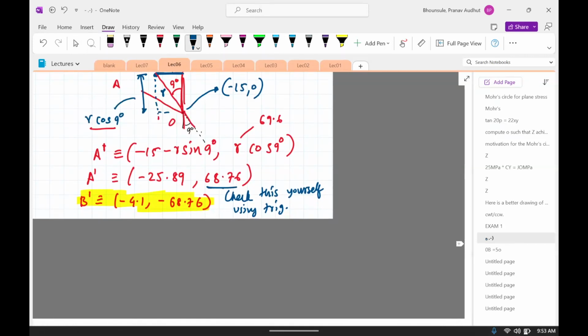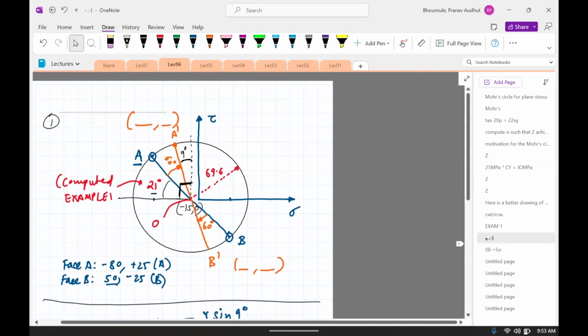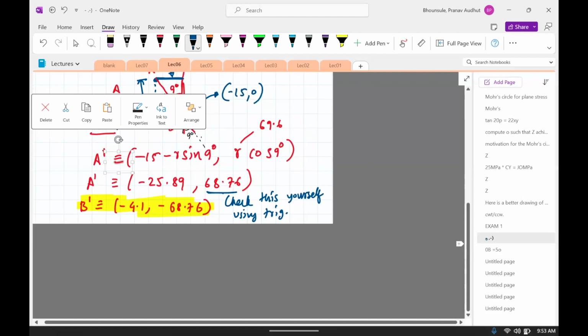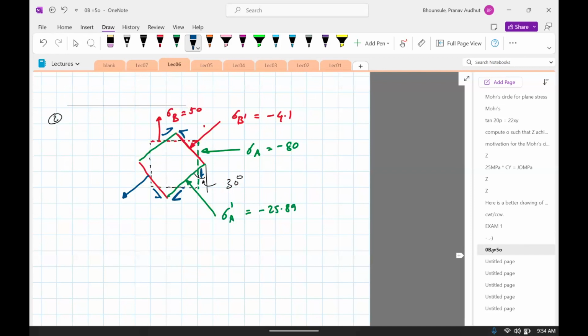Remember that the convention is clockwise is positive. So at face A, we show a clockwise stress of 68.76. So at A, this is the new A. The stress is clockwise. This is correct. The direction I've shown is correct.